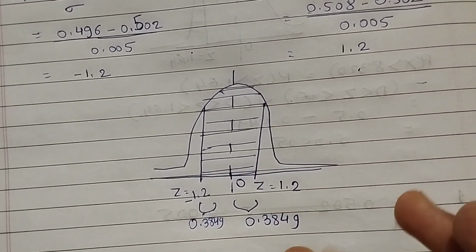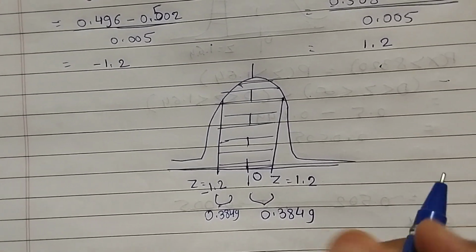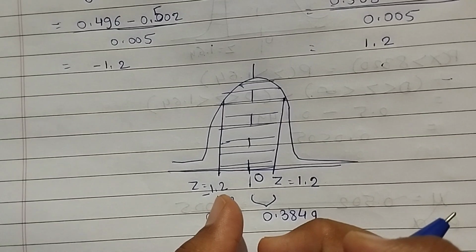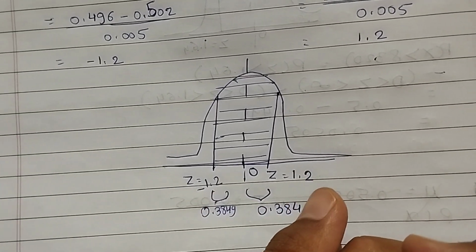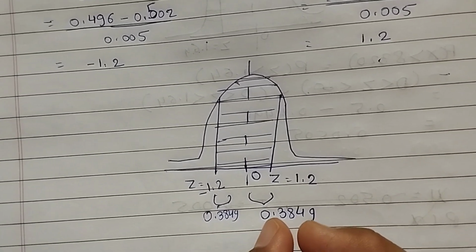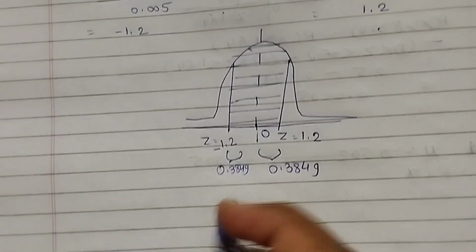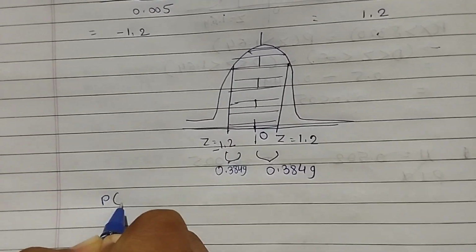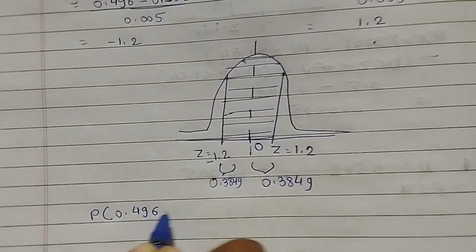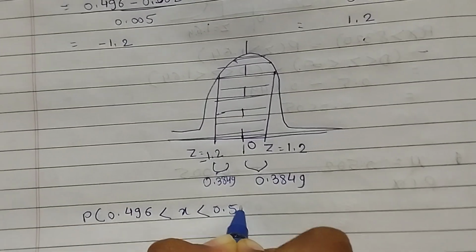And we do not count the area as negative. So if we want the area between minus 1.2 and 1.2, then we add 0.3849 plus 0.3849 to get the whole area. So how do we write it? Here we want to find the area for 0.496 < x < 0.508.